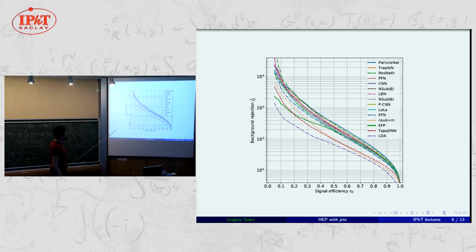And you see again that at 50% efficiency, that's 1 over epsilon QCD, you see essentially a rejection of a factor 300. So 0.3% epsilon QCD at 50% top efficiency.